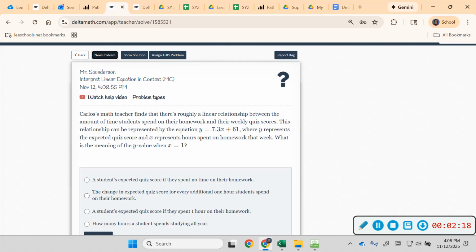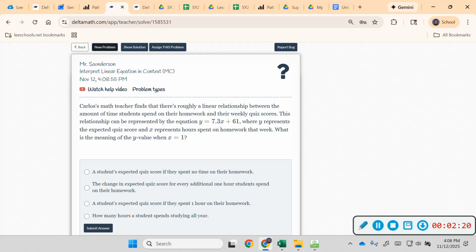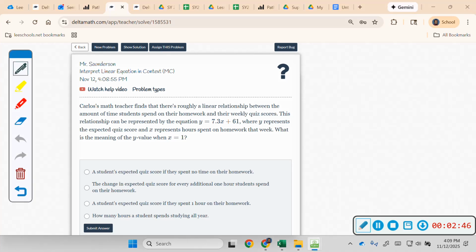So this one says Carlos, a math teacher, finds that there is roughly a linear relationship between the amount of time students spend on their homework and their weekly quiz score. This relationship can be represented by the equation, where y represents the expected quiz score and x represents the number of hours on homework that week. What is the meaning of the y value when x equals 1? So what we're going to do is substitute 1 for x, which would represent 1 hour on homework.